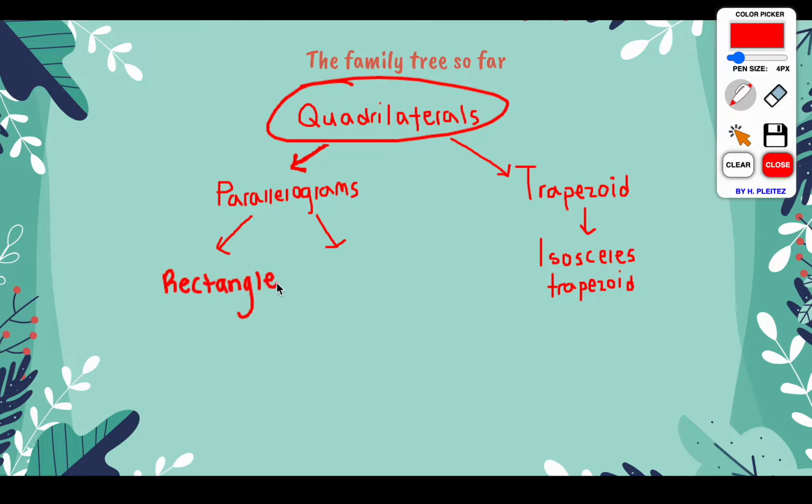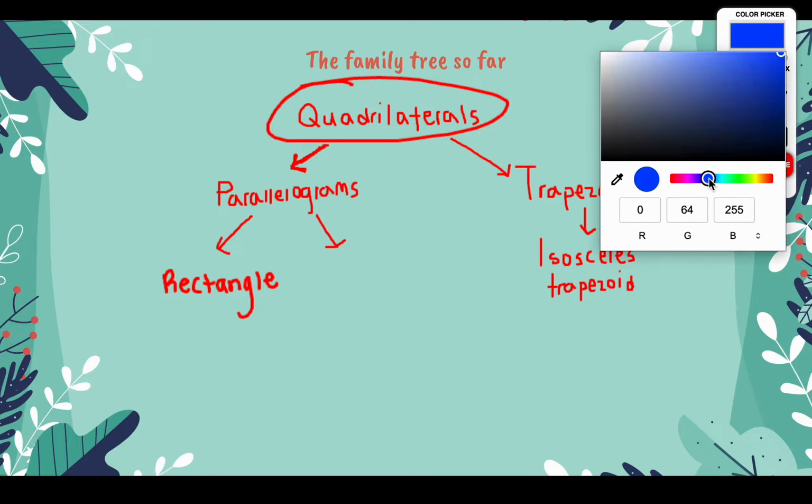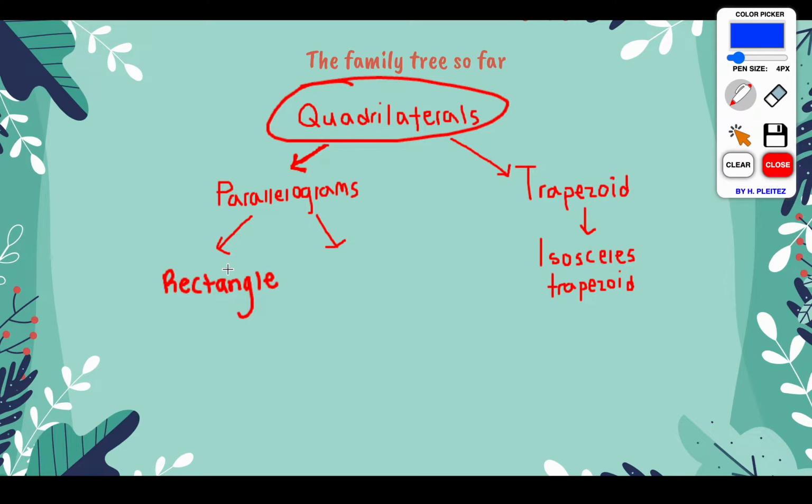Now again, what I want you guys to realize too is that when you're using the family tree, how I want you to think about it is, if you're going up the vines, like if I'm at rectangle, I know it's inheriting all of the properties of the things that are coming above it, right? So it's a good way to think about it. The family tree is easy to remember and write down.